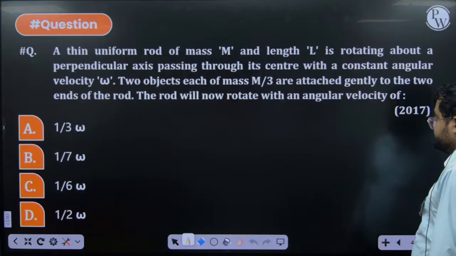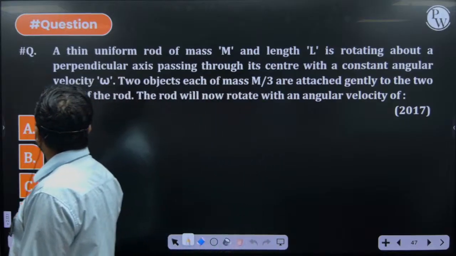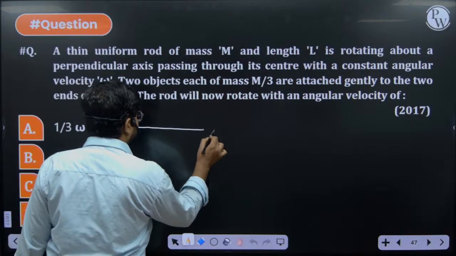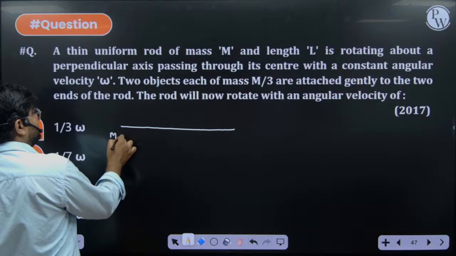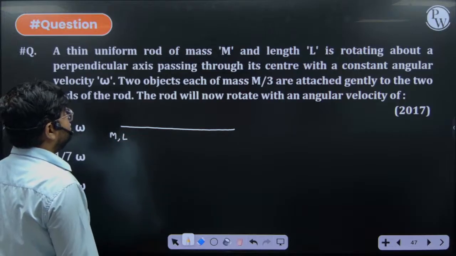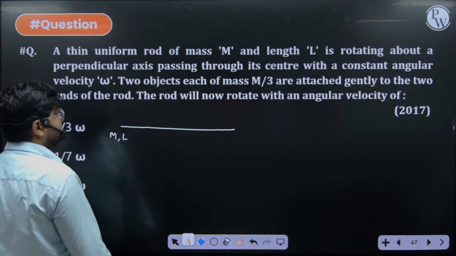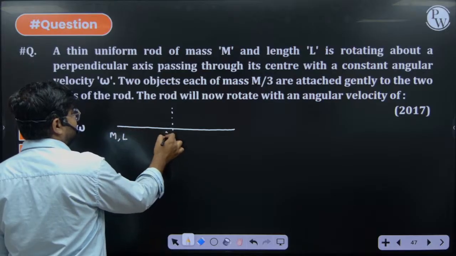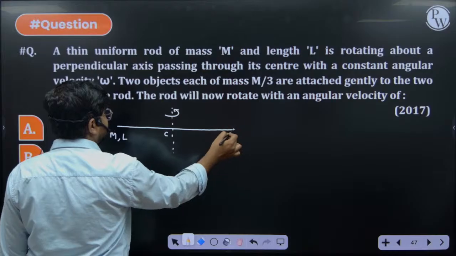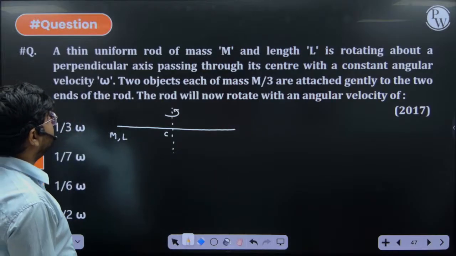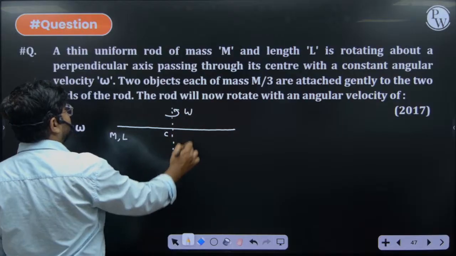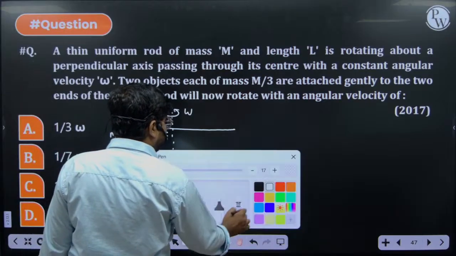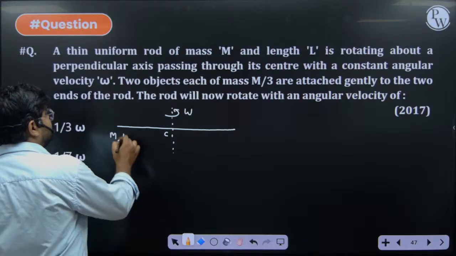All right, let us go to the next question. A thin uniform rod of mass m and length L is rotating about a perpendicular axis passing through its center, with constant angular velocity omega.